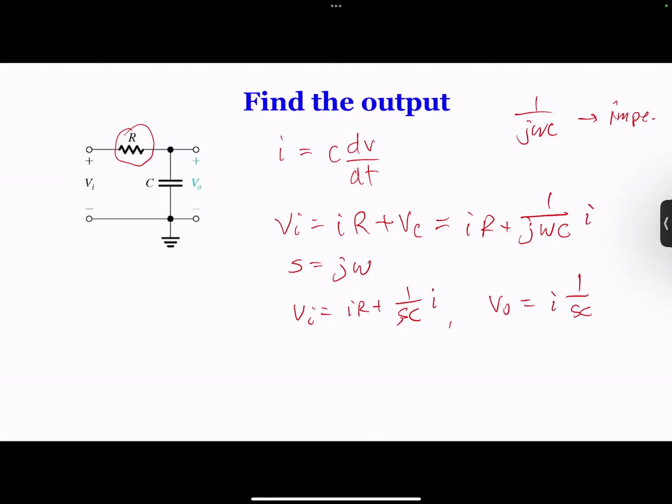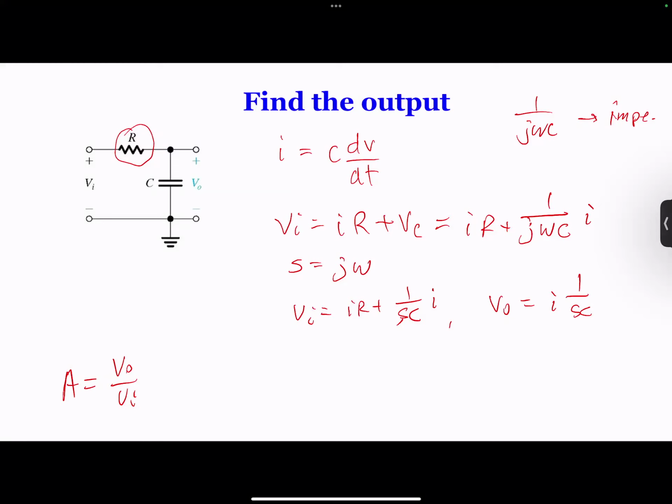So now we can calculate gain, which is VO over VI. You remember, gain is output over input. So this is called voltage gain. Now, later today, we're going to talk about current gain. That's a different thing, but it's all gain. Sometimes it's current gain, sometimes it's voltage gain. But most of the time, when we talk about gain, if we don't say it, it's a voltage gain.